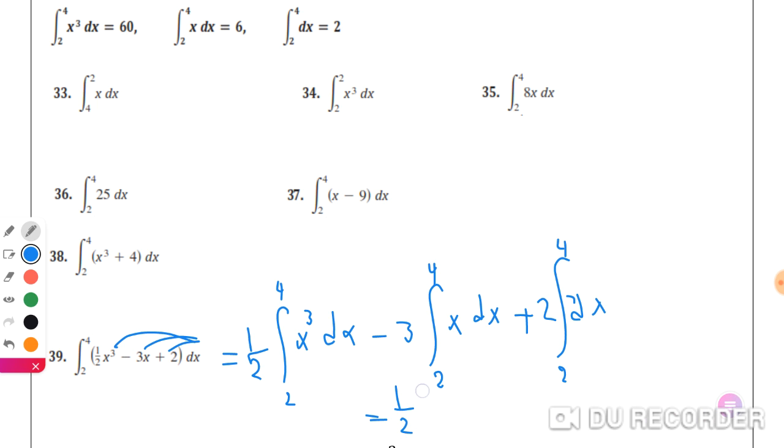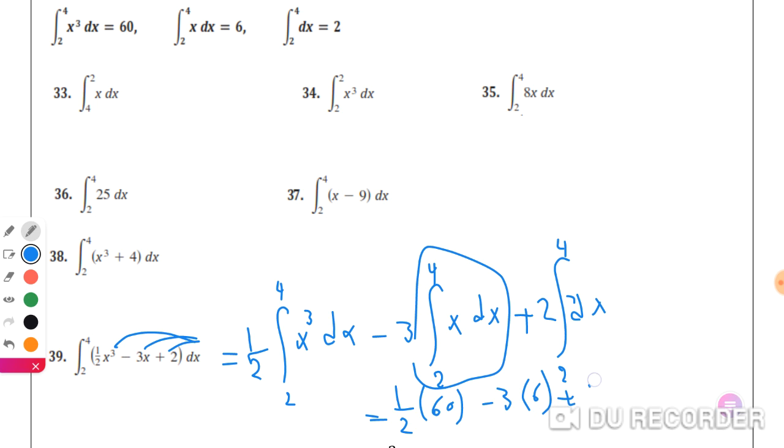So, what is this one? Half multiplied by 60, minus, I'm sorry, not plus, minus 3 multiplied by the value of this definite integral, yes, 6.